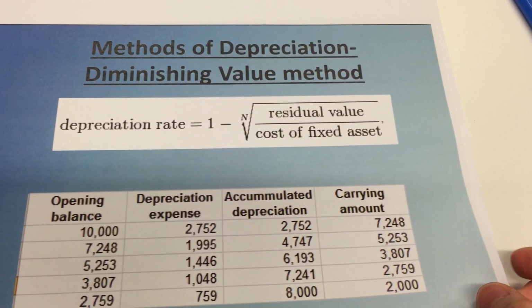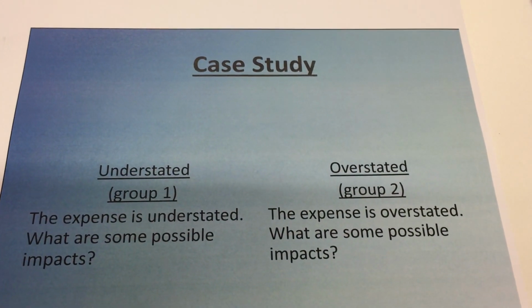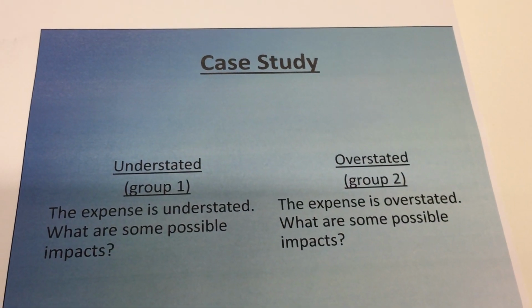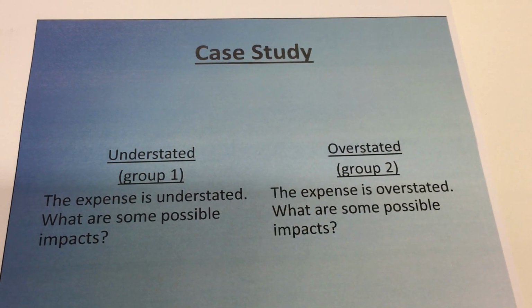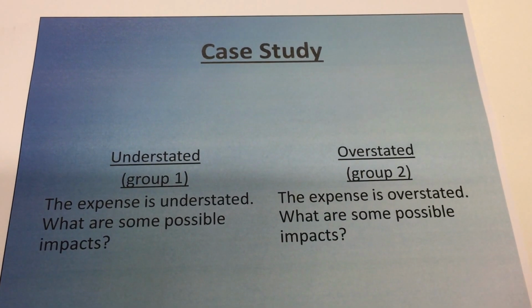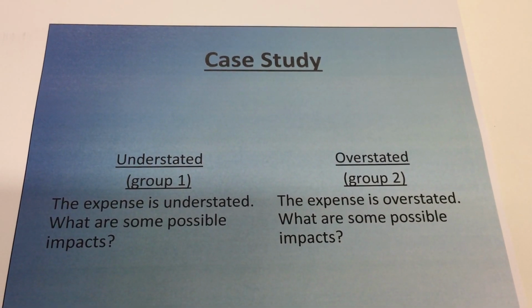So here's the case study. What could happen if we underestimated the depreciation expense, and what could happen when we overestimated depreciation expense? Well, we need to look at the double entry in terms of how we record depreciation expense.